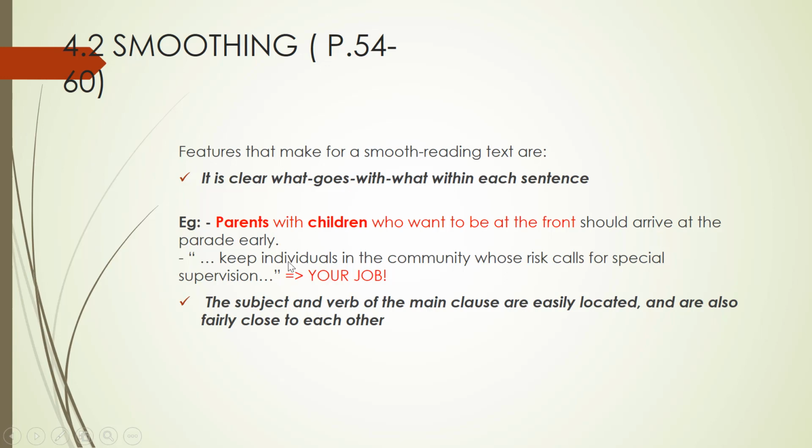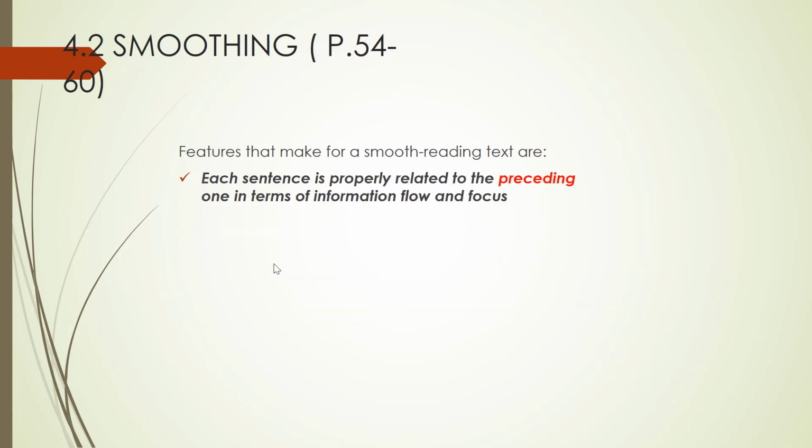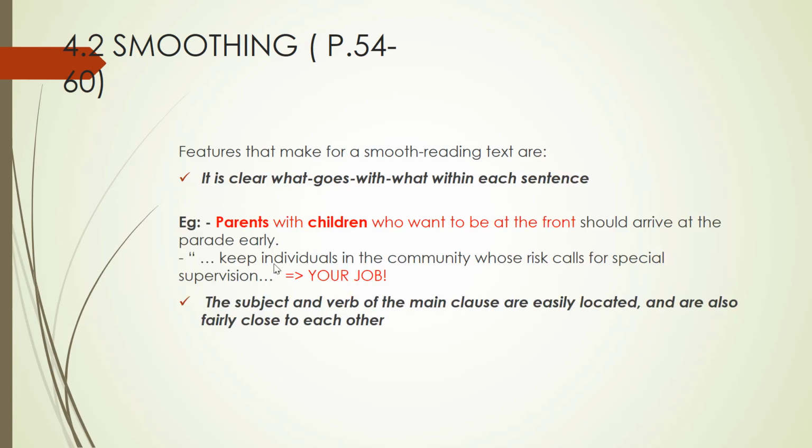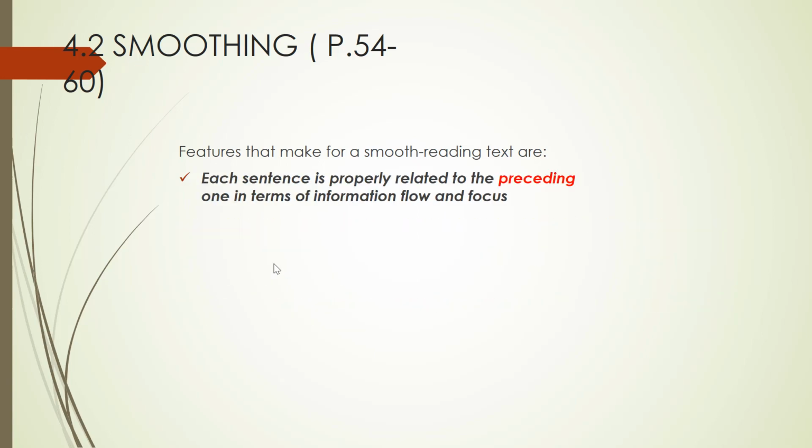The same with another examples like this. Another feature is that the subject and the verb of the main clause are easily located and are also fairly close to each other. Or each sentence is properly related to the preceding sentence in terms of information flow and focus.